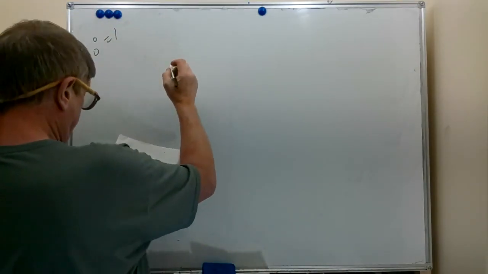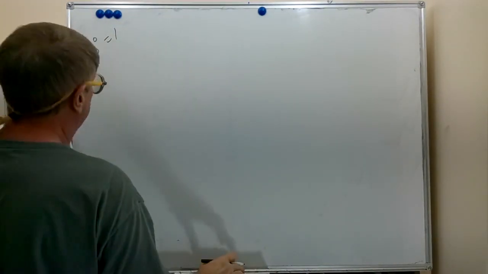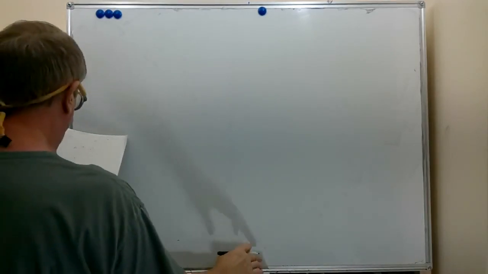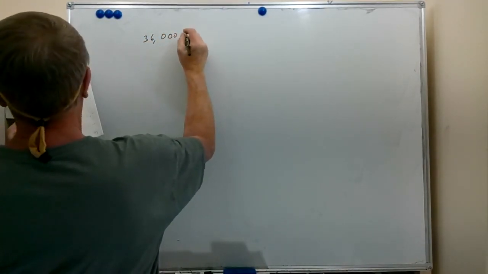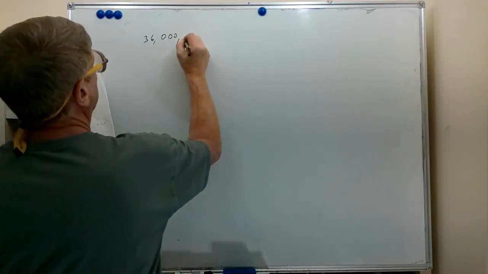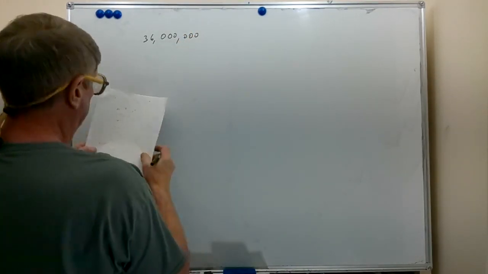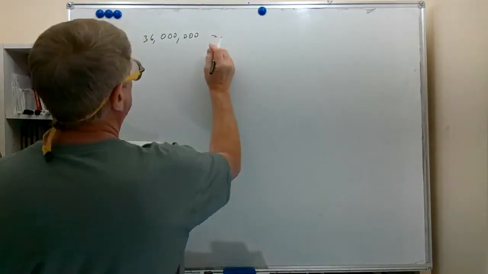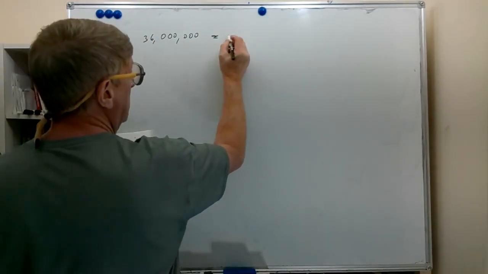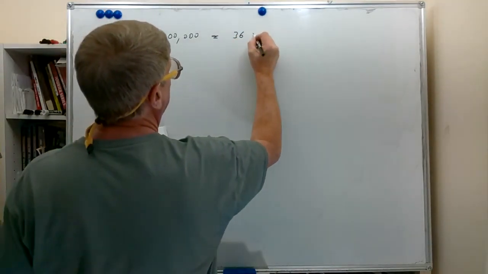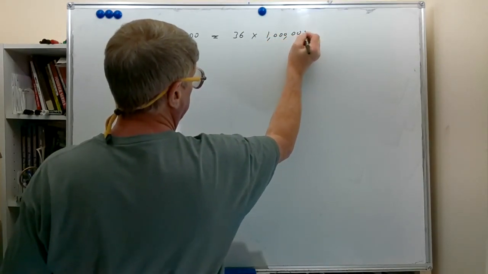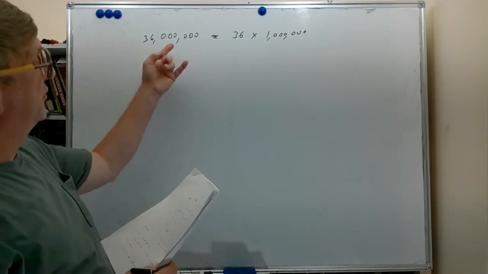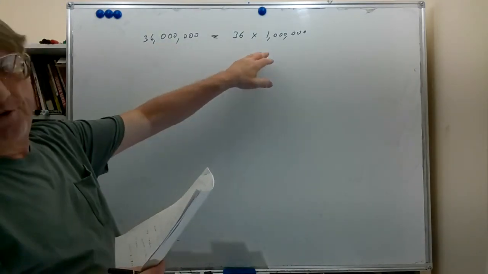If we have 36 million, that's equal to 36 times 1 million, right? 36 million is 36 times 1 million.